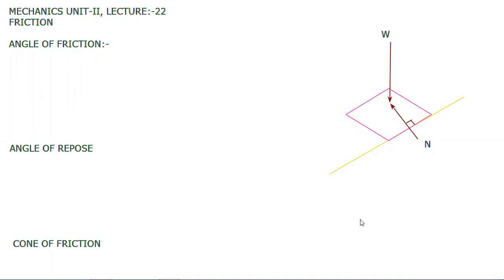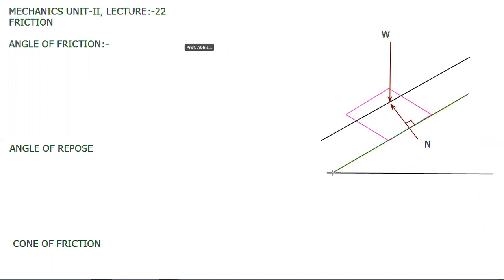Now you can also split this W into two components. You can draw one line parallel to the surface, the horizontal line, which is parallel to the x-axis. This is your surface line.